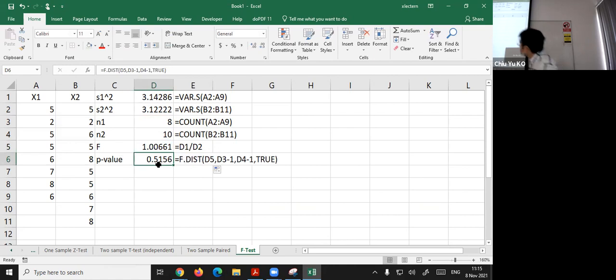So is that clear how we do it? Look at this value. Look at the left-hand side, and 0.5. So what we're going to do? You take 1 minus this and times 2.